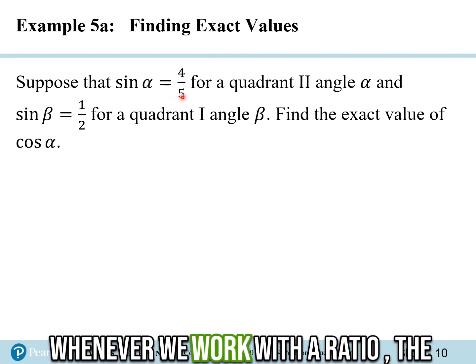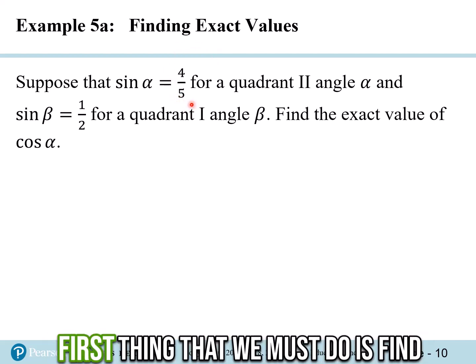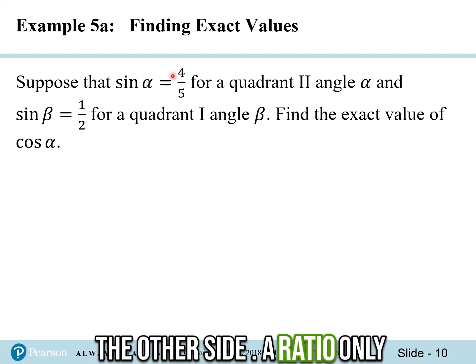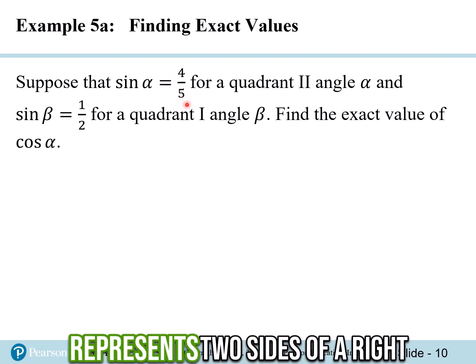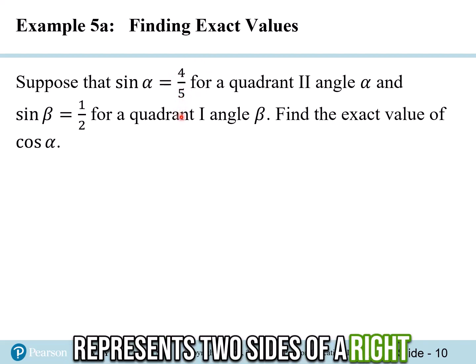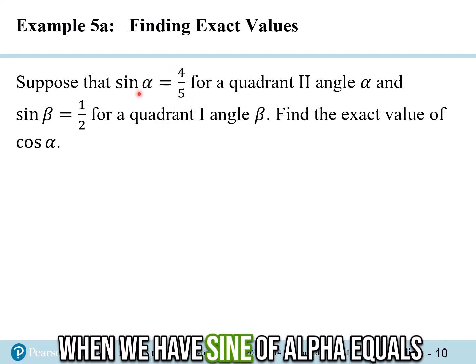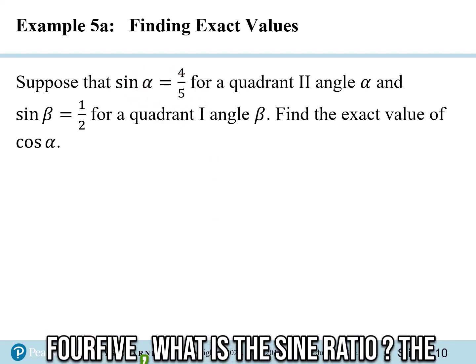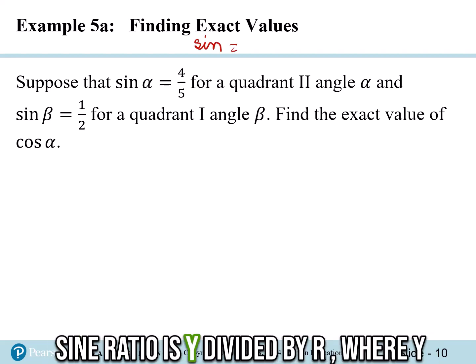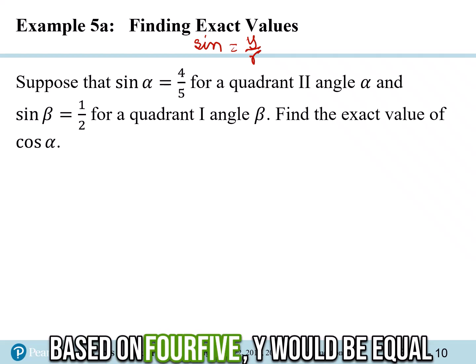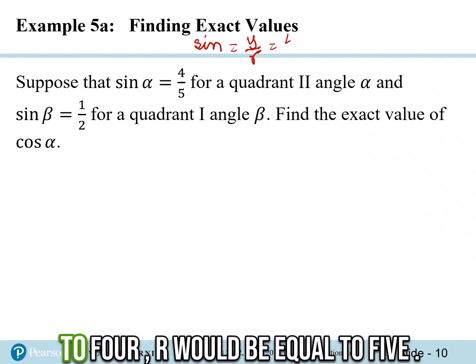Now, whenever we work with a ratio, the first thing that we must do is find the other side. A ratio only represents two sides of a right triangle within a unit circle. When we have sine of alpha equals 4/5, what is the sine ratio? The sine ratio is y divided by r, where based on 4/5, y would be equal to 4, r would be equal to 5.